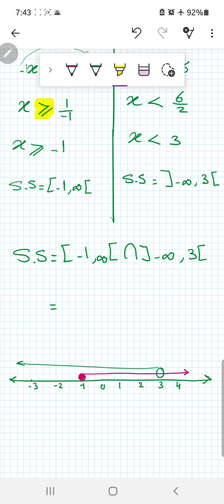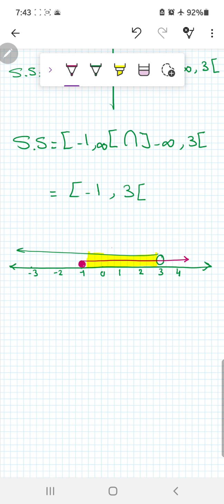So the intersection is this part from negative 1 closed to 3 open. So the solution set can be written as negative 1 closed to 3 open. Okay? Thank you.